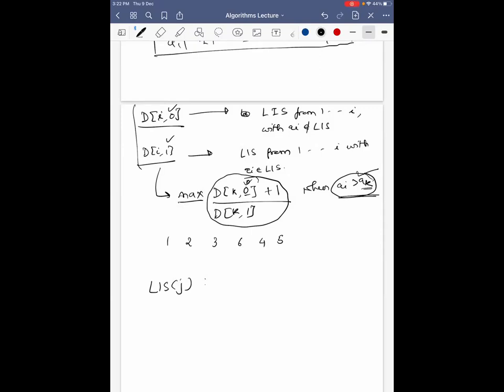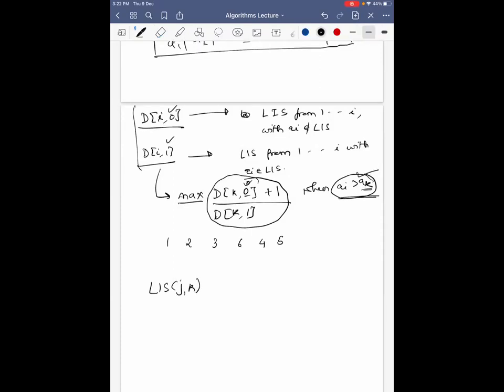If we could parameterize it this way, actually it should not be LIS, it should be IS of j comma k, where we define this as: among all those increasing subsequences in A1 through AJ which have exactly k elements, the one such that AK is the smallest.